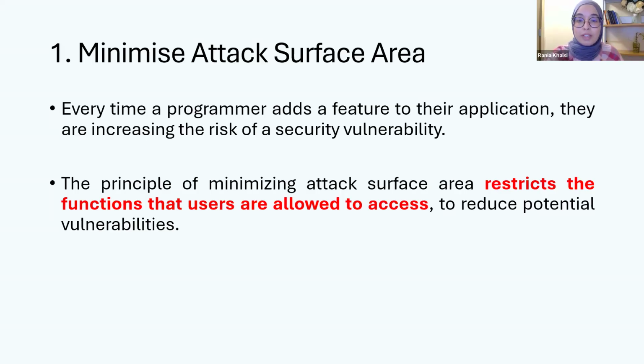So the attack surface refers to all points where an attacker could potentially interact with or exploit an app. Okay, so by minimizing the attack surface area, developers restrict the functions that users are allowed to access, and this is the main purpose.